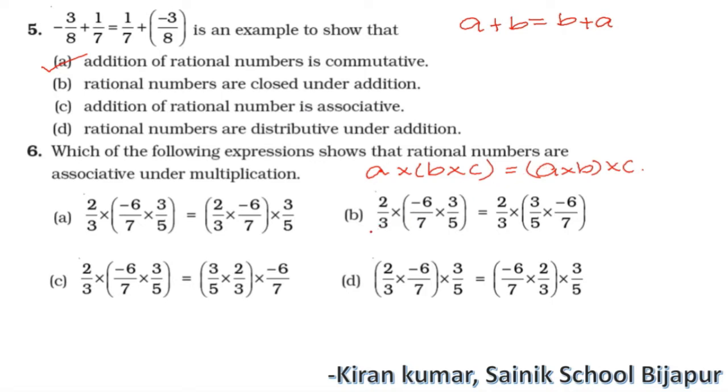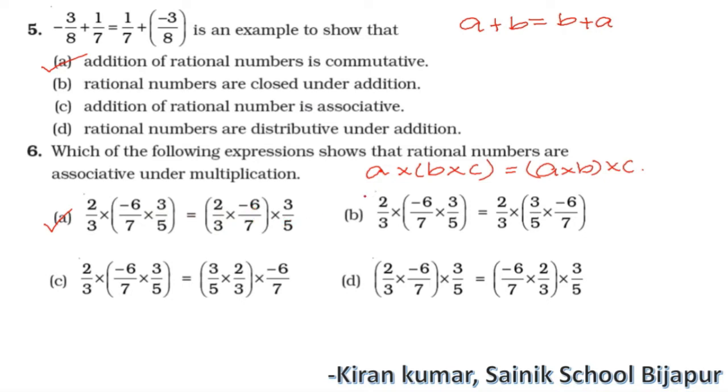Here, this particular format is there in option A. When 2 by 3 is multiplied to negative 6 by 7 into 3 by 5, it is the same as 2 by 3 into minus 6 by 7 multiplied to 3 by 5.